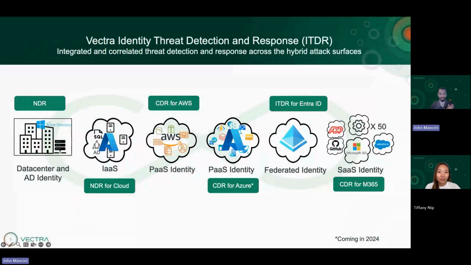Yeah. So I think this is a good level set. When we talk about ITDR at Vectra, what we're really focused on is integrated signal that spans across enterprise environments related to what an identity can do in the course of an attack, and seeing that identity as it progresses and detecting every step of the way. So ultimately, Vectra's ITDR detection and response finds a threat actor using an identity on the network through Active Directory, using that Active Directory identity into the cloud, using it in AWS cloud, Azure cloud.